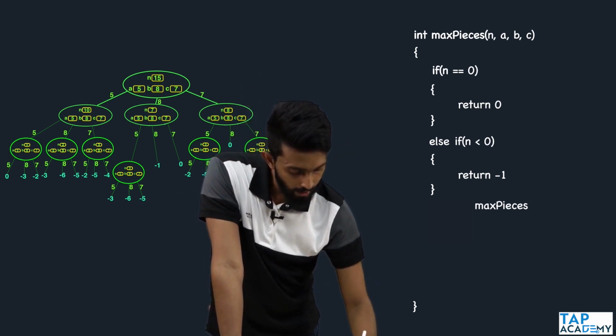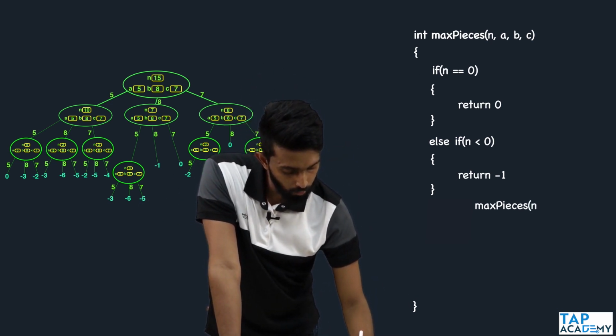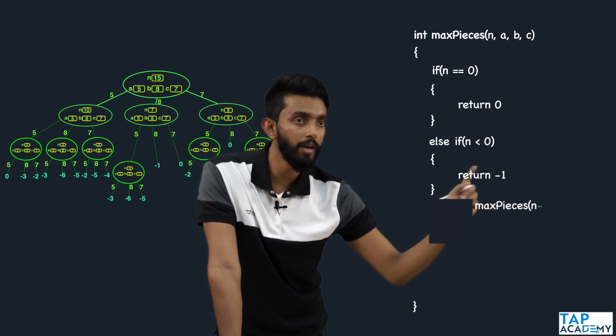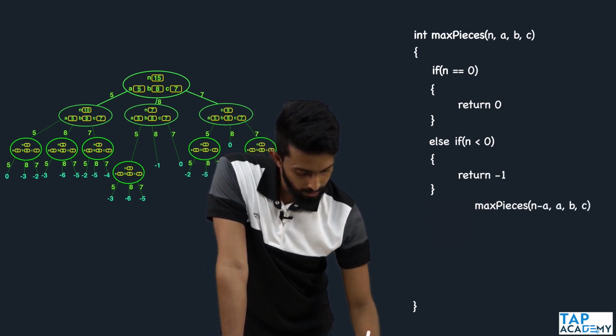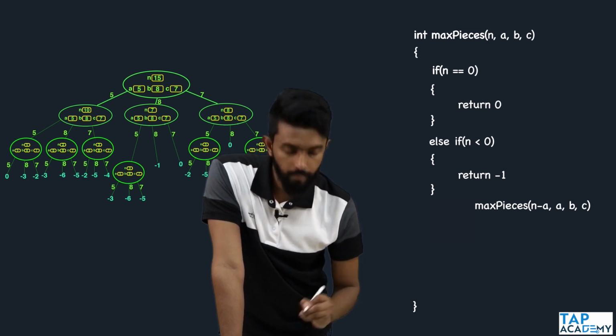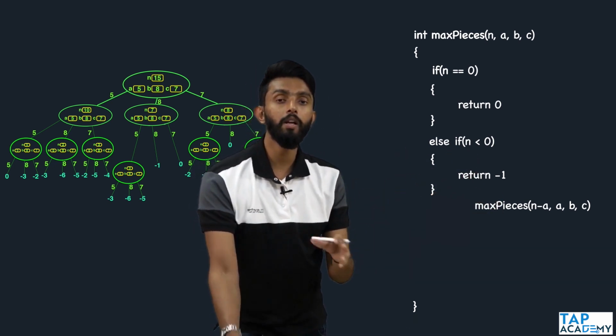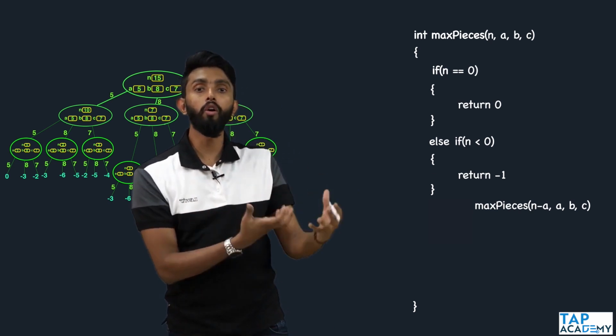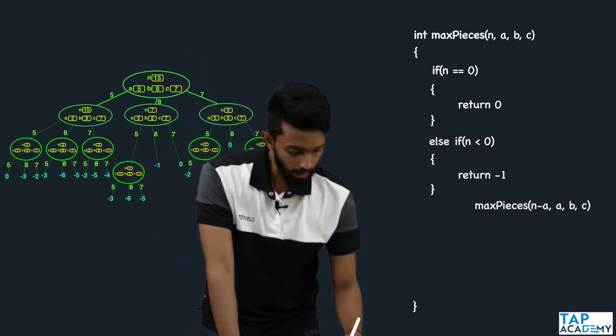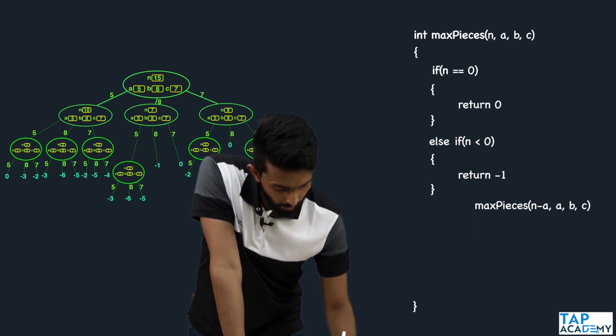How will it change? n was the original length. Now you made a piece of a length, so n minus a. a, b, c is anyways the same. Now this will return you the count of the pieces. That count of the pieces I am going to store within a variable called temp1, like this.